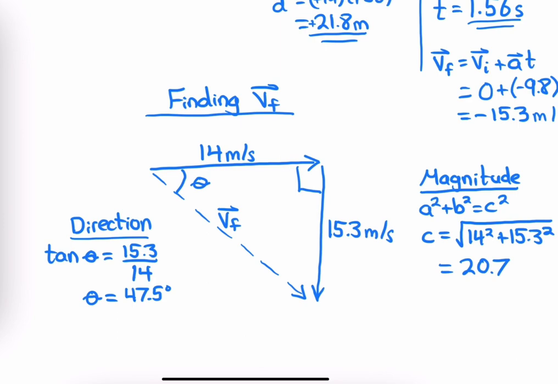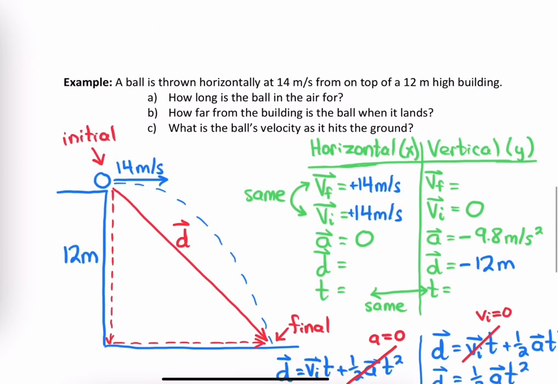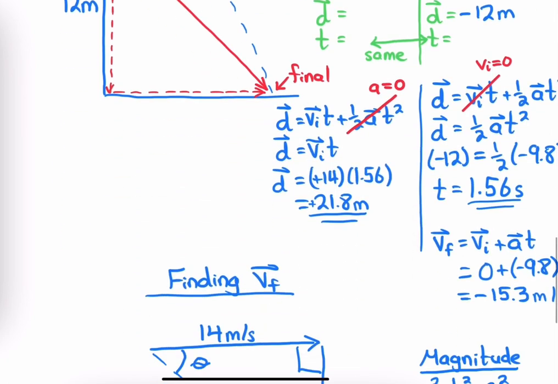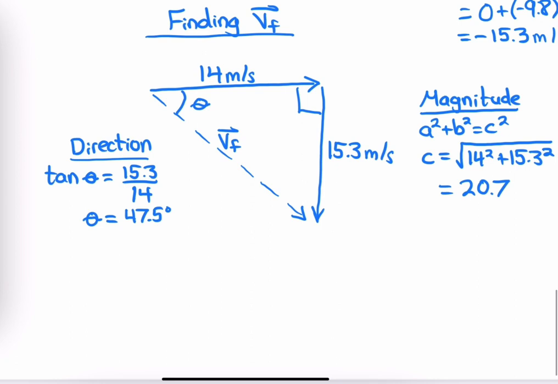So my velocity, remember I'm trying to solve for part C here. This is the final part of the problem. What is the ball's velocity as it hits the ground? Its velocity as it hits the ground, VF, is a vector, so it needs to have magnitude and direction.